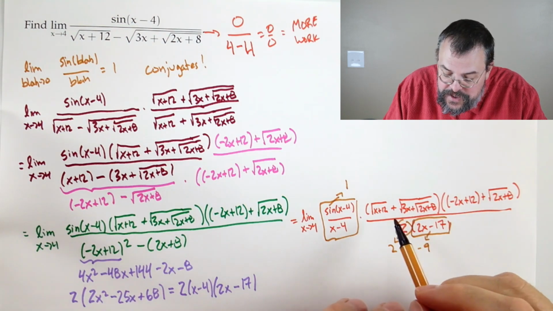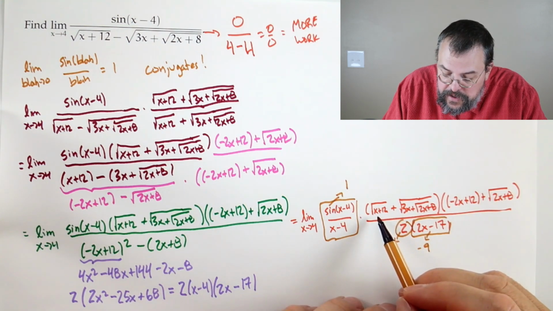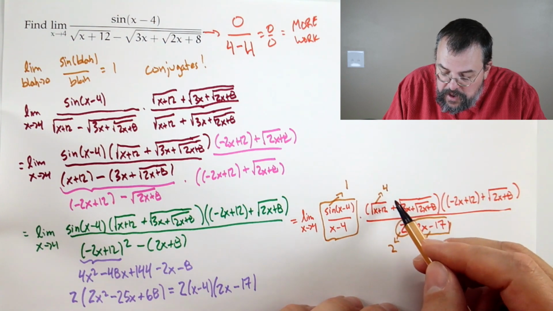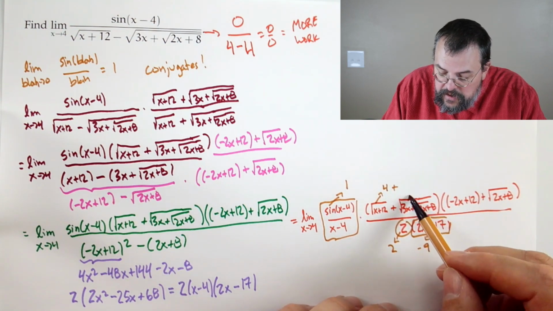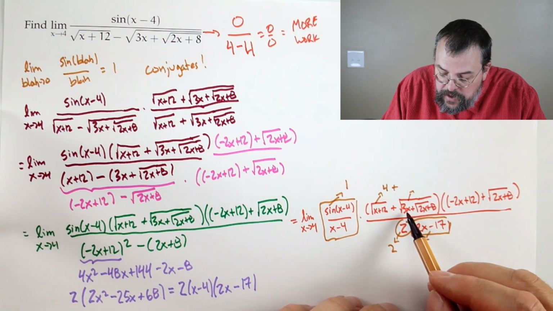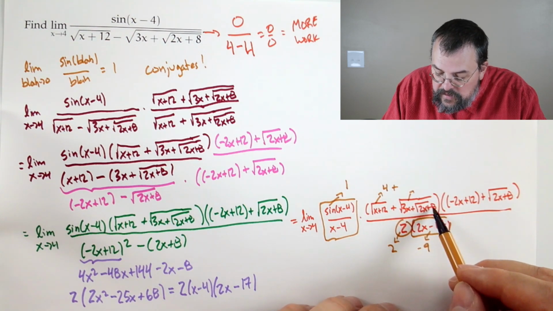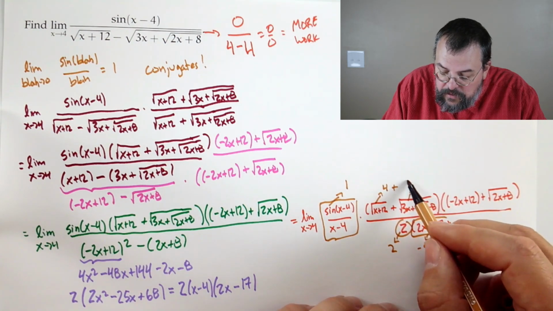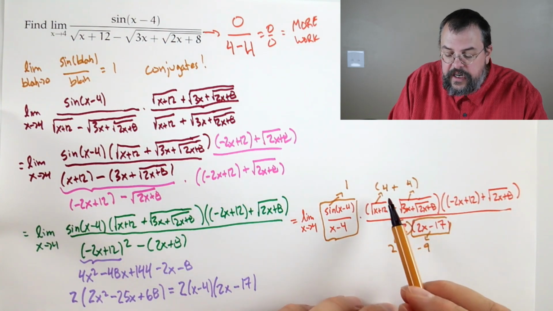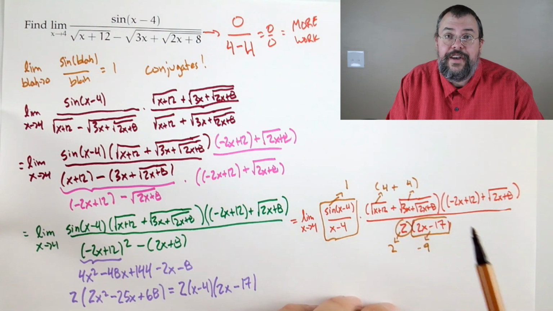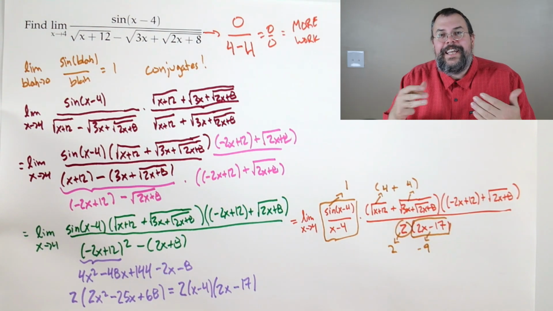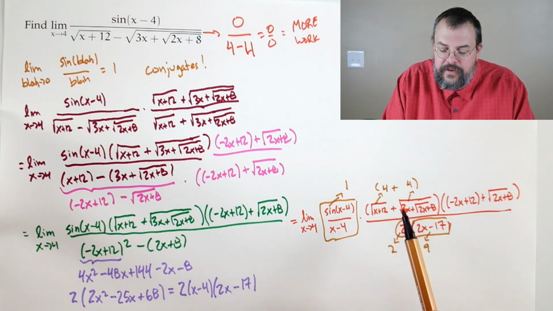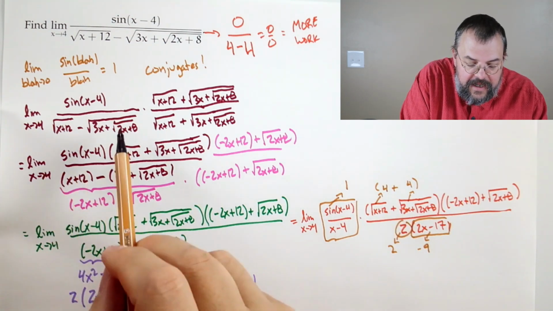Okay, upstairs. Square root of 4 plus 12, that would be 4. Then there's a plus. Here, we'll get square root of 12 plus square root of 16. Well, that's going to be inside of that square root of 16, so it's really a 4 plus a 4. It's actually not a surprise that these are the same, because remember, there was a 0 being caused, so it was like 4 minus 4 if you come back up here.